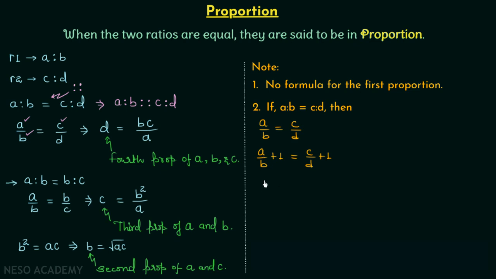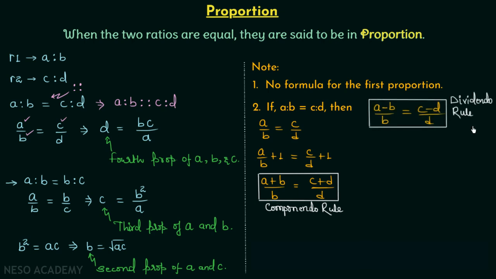When you simplify it, you will have A plus B divided by B equal to C plus D divided by D. This we call the Componendo rule. Now similarly, if you subtract 1 on both the sides, you will have A minus B divided by B equal to C minus D divided by D. And this rule we call the Dividendo rule.